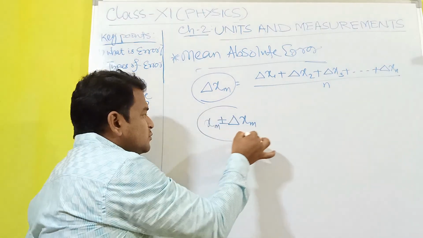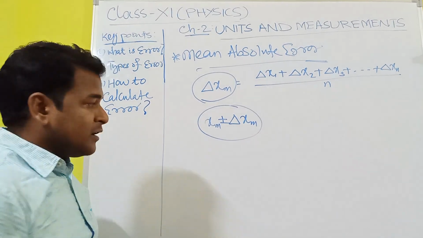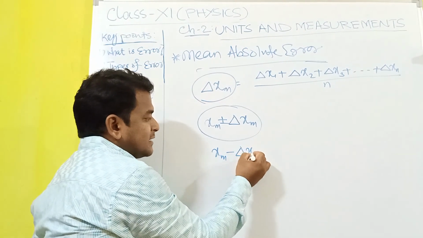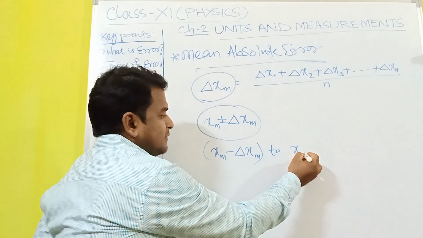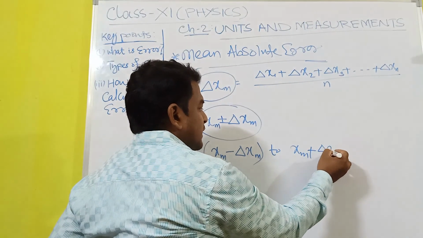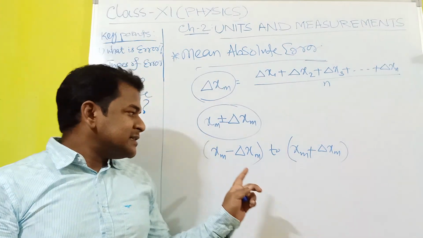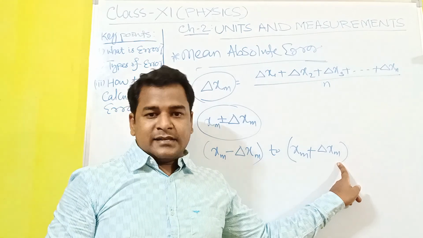What is the meaning of this? The value will vary from xm minus del xm to xm plus del xm.